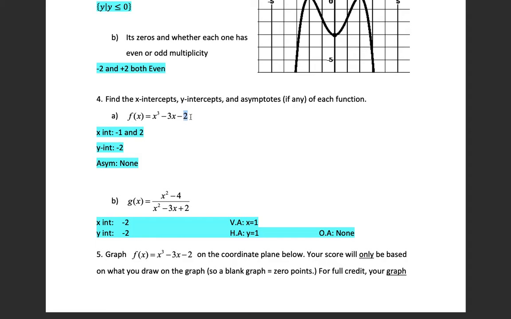Let me repeat: from these two we get the clue of what values we have to test in this question. The clue comes from here, because there is no leading number, so only this. The factors of 2 are plus or minus 2 and plus or minus 1.